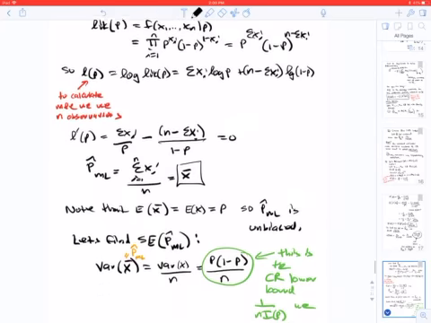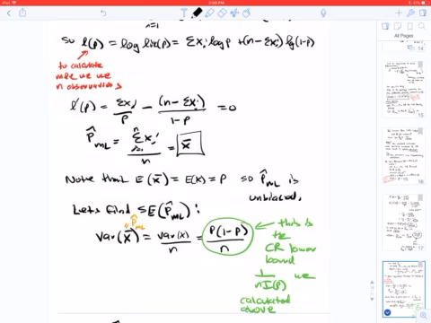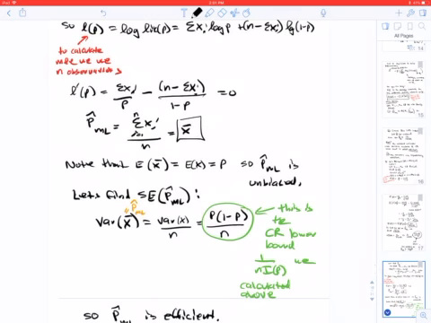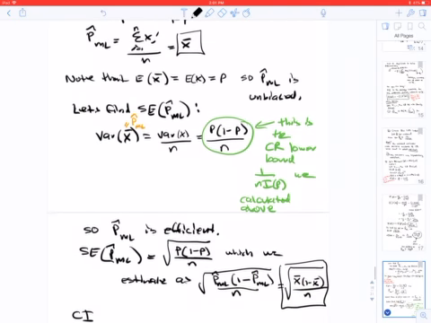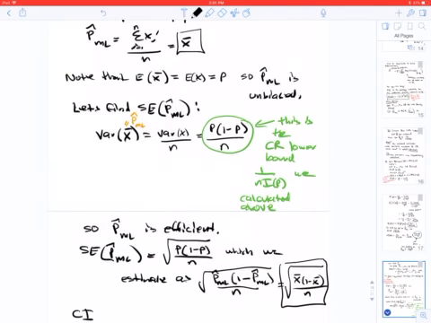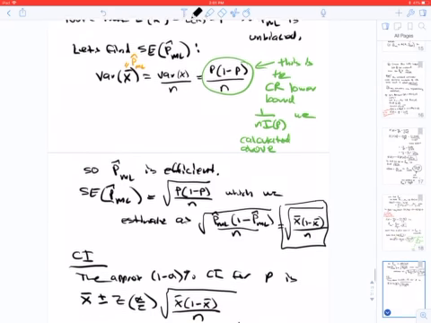And so what's the variance of the estimate? Just a straightforward calculation, you can actually see that it is the Cramér-Rao lower bound. It's p(1 minus p) over n. So that's kind of cool. So in this case, our estimator is efficient.